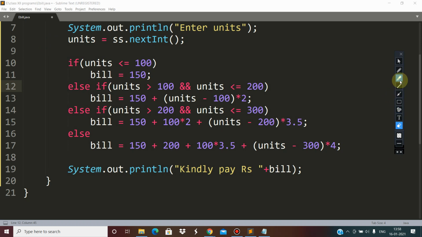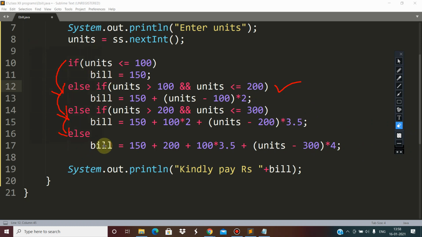It means control will reach the second condition only when the first condition is false. If this condition becomes true, then the rest of the conditions will be bypassed. In a similar way, when the above two conditions are false, control will reach the third to check. And if all three are false, control will reach the fourth.